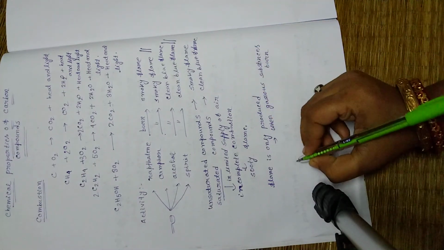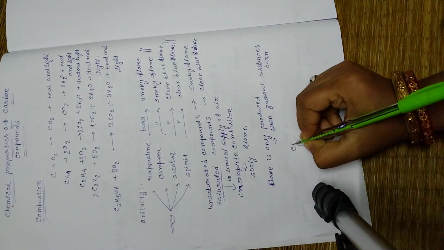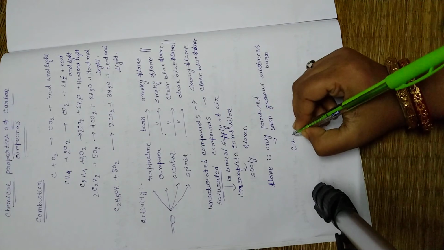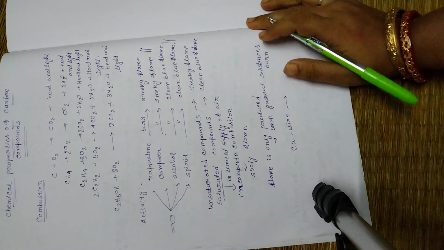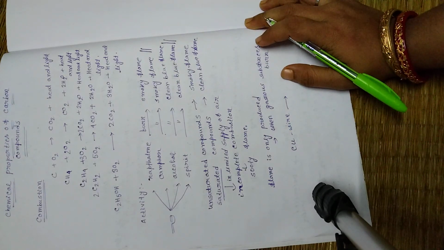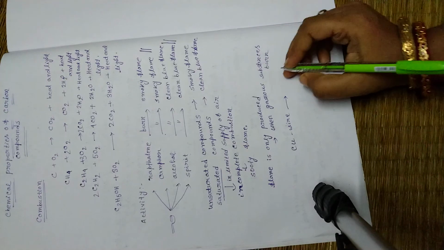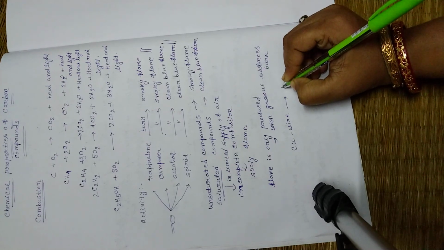Okay, so atoms of gaseous substances are heated and start to glow. Suppose you take some copper wire and you just touch it to the gas stove, you can see a bluish green colored flame. So this is also a characteristic identification of the element.